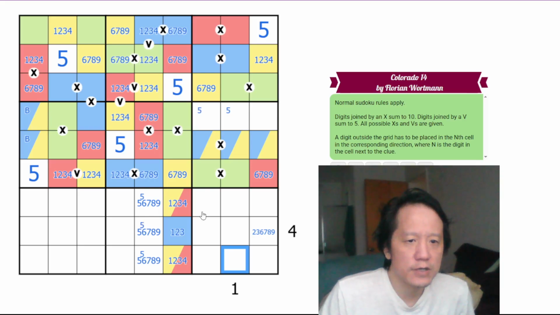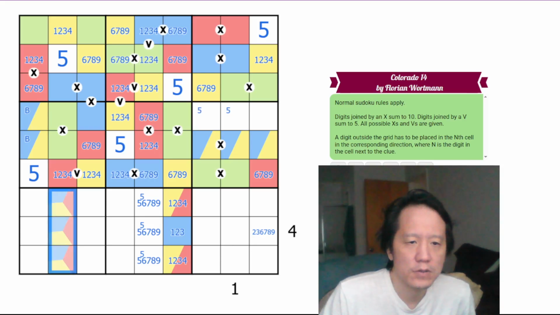What else do we have? So one of the greens is here, one of the greens is here. We're missing blue, red, and yellow here.